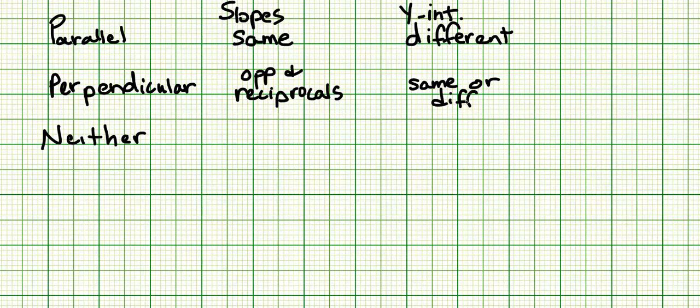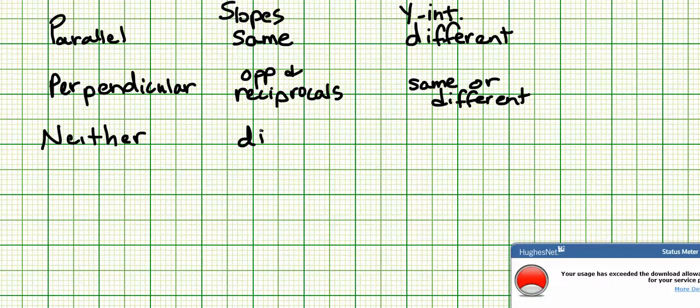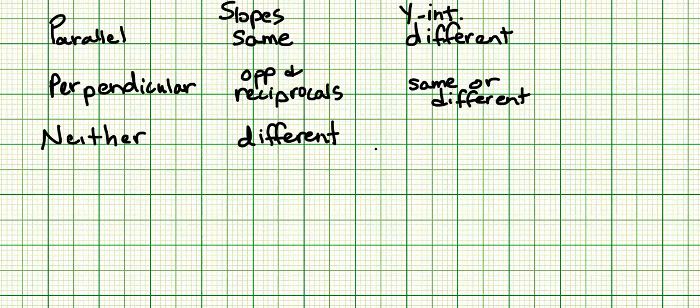And in order for two lines to be neither parallel nor perpendicular, slopes, we don't want them to be the same. They have to be different from each other. Could they be opposite and reciprocals? No, they could not. If they're going to be opposite and reciprocals, then for certain they're going to be perpendicular.